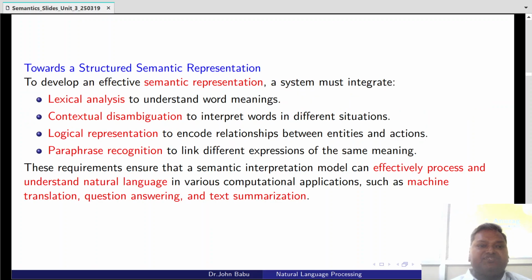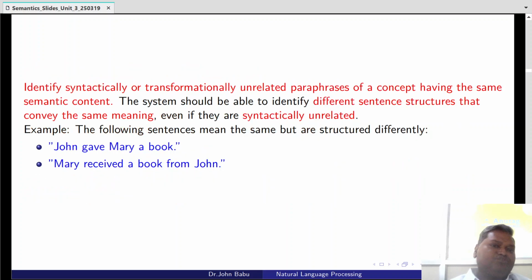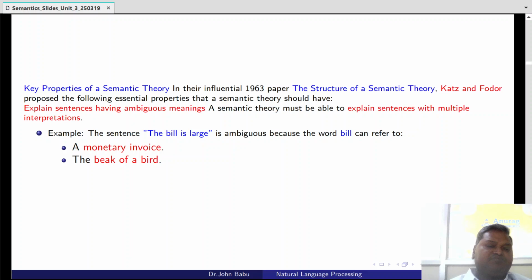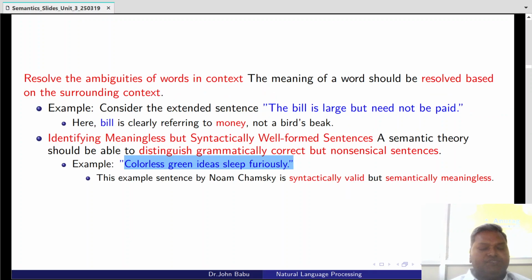So, to have a structured semantic representation, we have just seen four properties of semantic theory. Number one, semantic theory should explain sentences having ambiguous representation or interpretation. Number two, it should resolve the ambiguities based on the context.